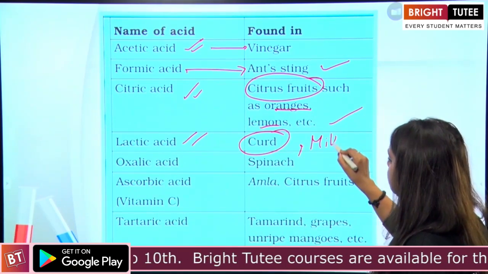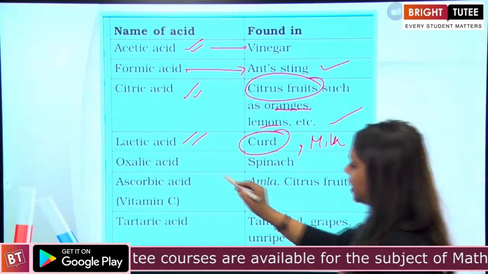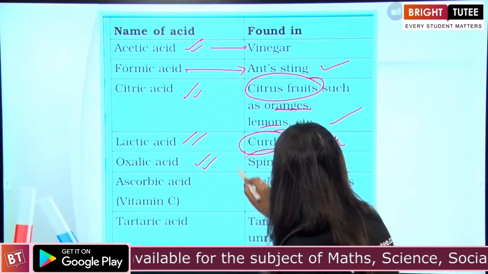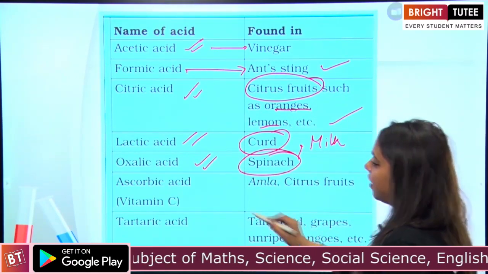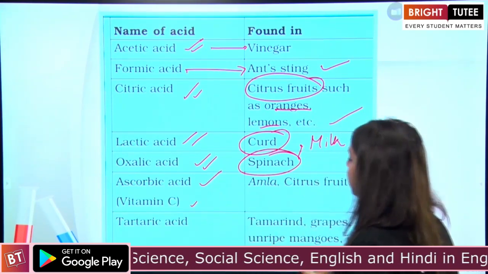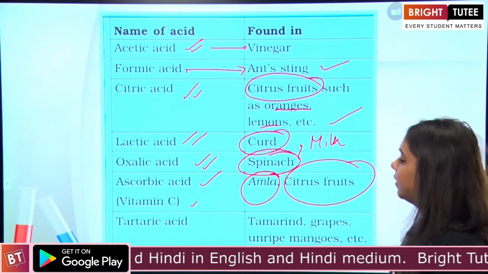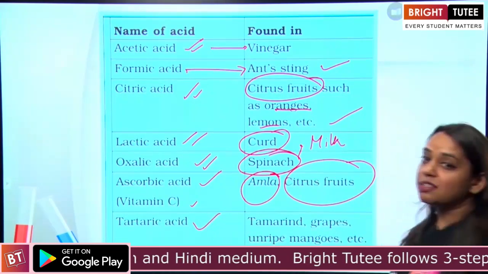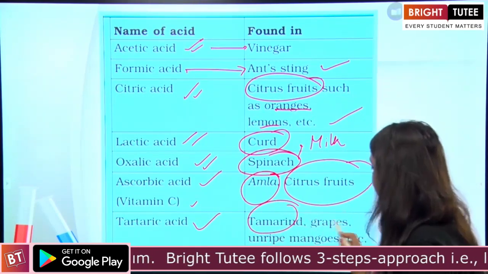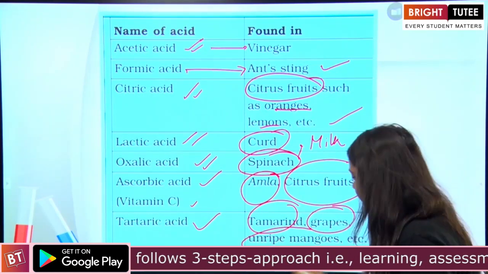Then we have oxalic acid present in spinach. Then we have ascorbic acid, vitamin C, it is found in amla and other citrus fruits. Then we have tartaric acid, and it is present in tamarind, grapes and unripe mangoes.